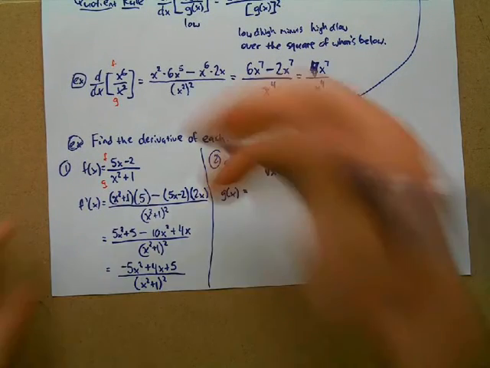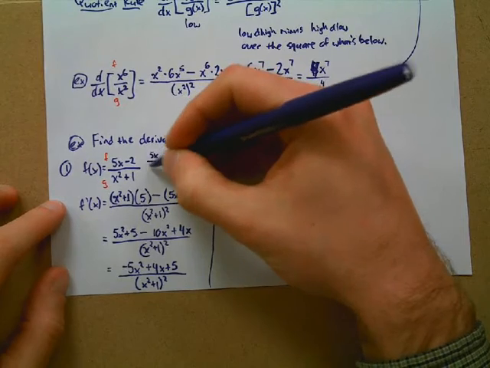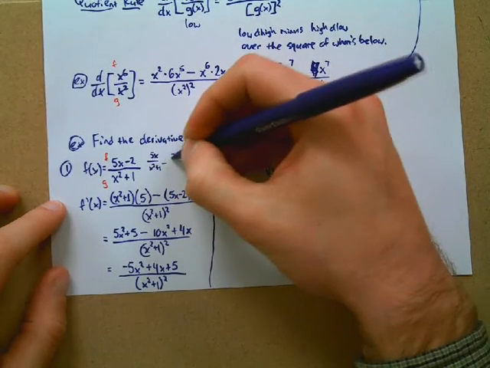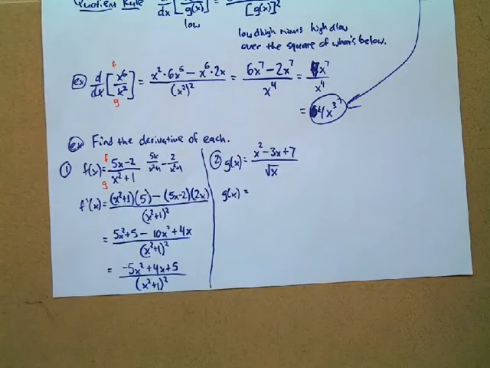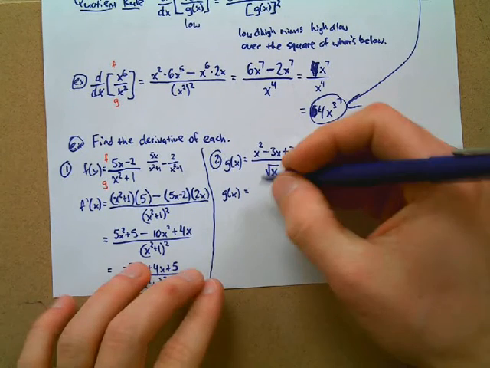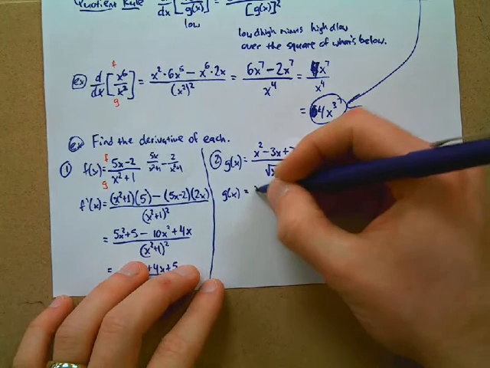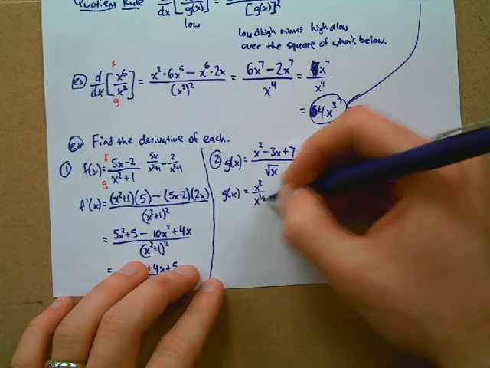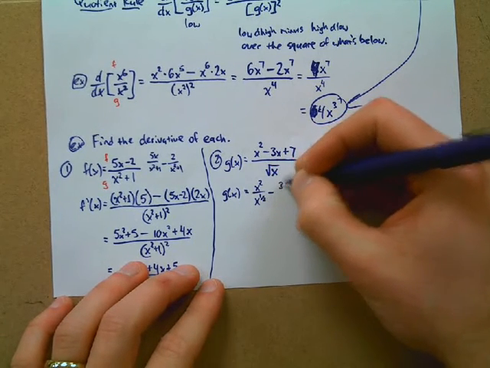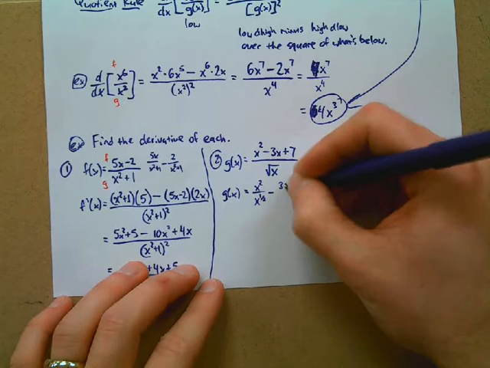But here, with this particular denominator, if I rewrite square root of x as x to the 1/2, and break up the numerator over this denominator, we can actually simplify this down and avoid having to do a quotient rule altogether.